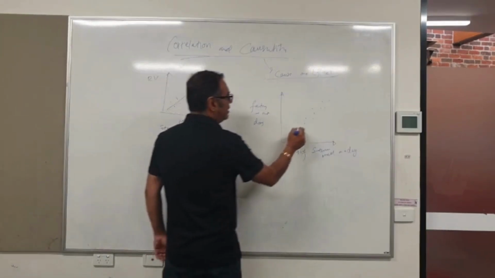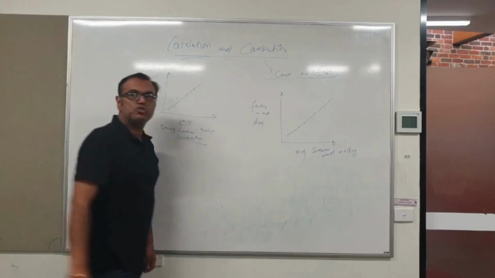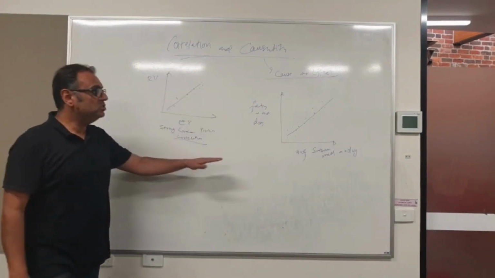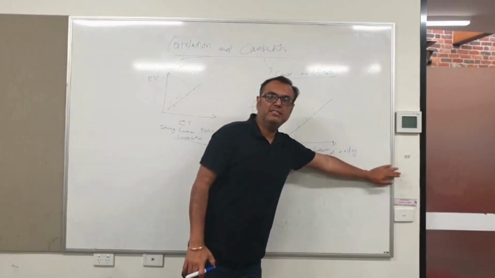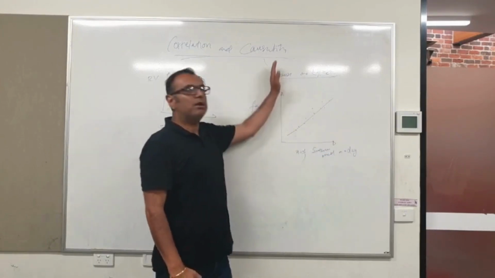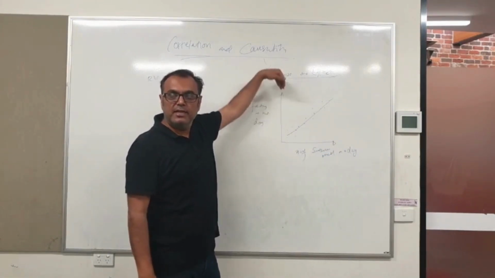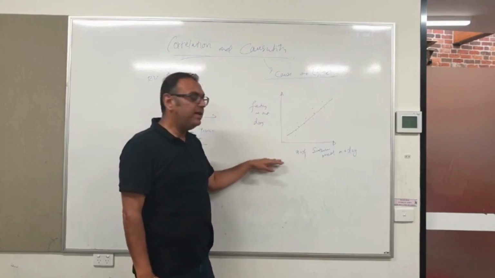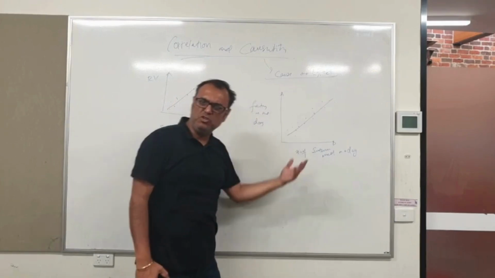It tells me that this is a strong correlation. That means more people applying sunscreen, more people are fainting on that day. Less sunscreen applied on that day, fewer people are fainting. Do you think that makes sense?